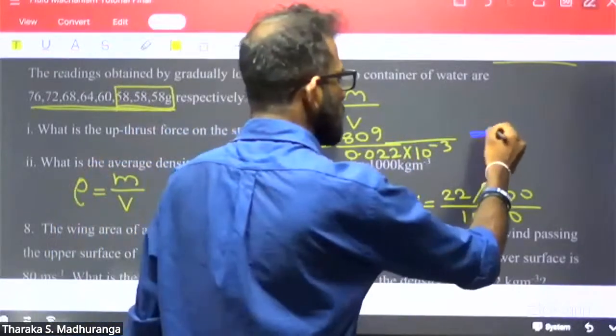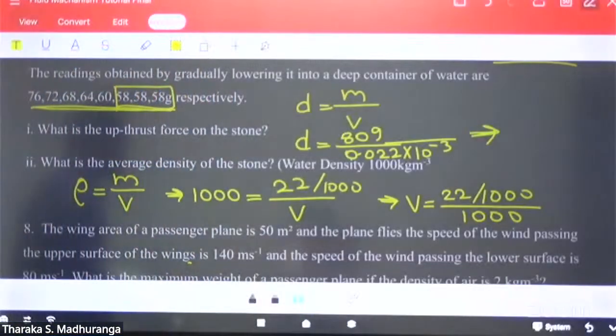What's the value? Can you get this value? Please get these values and send me.